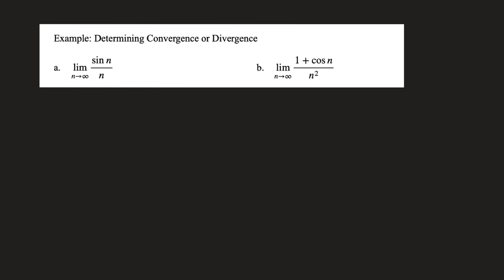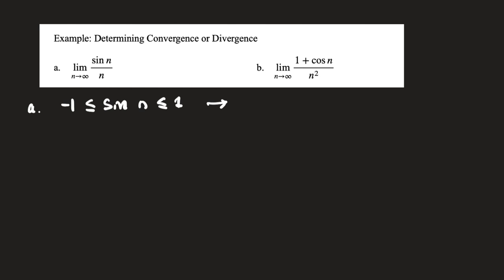So how are we going to find the limit of this sequence? I'm going to use the squeeze theorem because sine has a maximum of 1 and a minimum of -1. No matter what n value, sine is always at most 1 and at least -1.